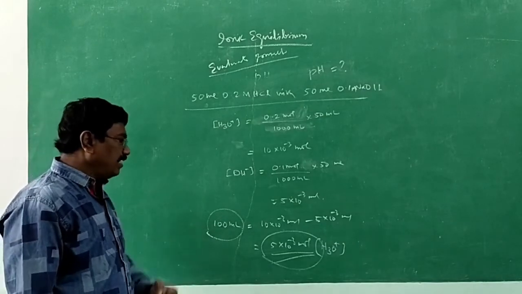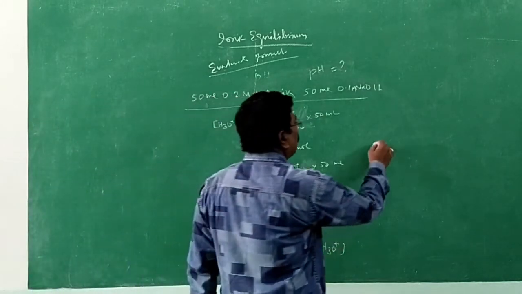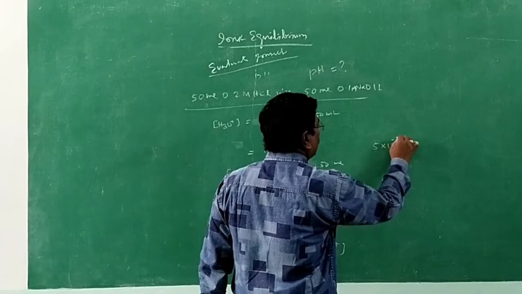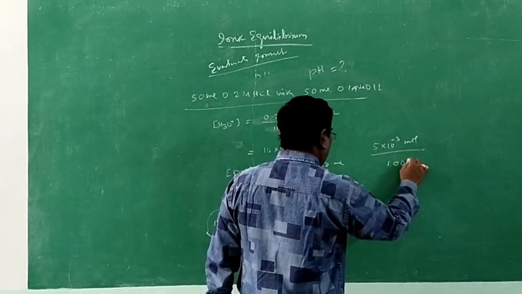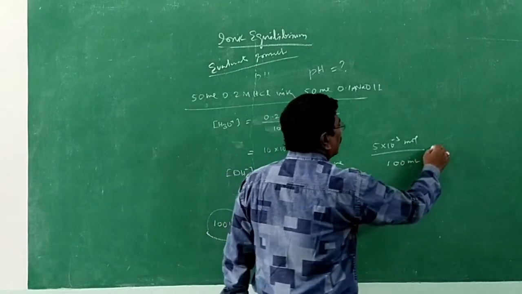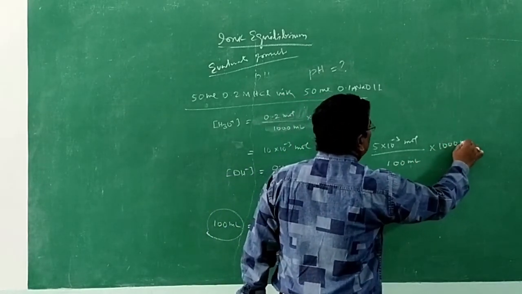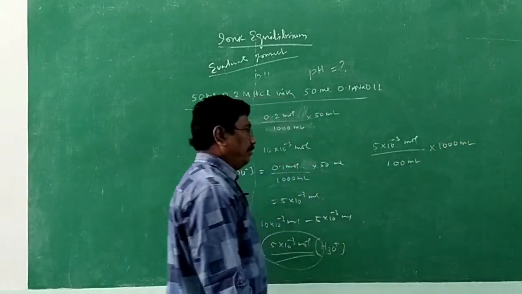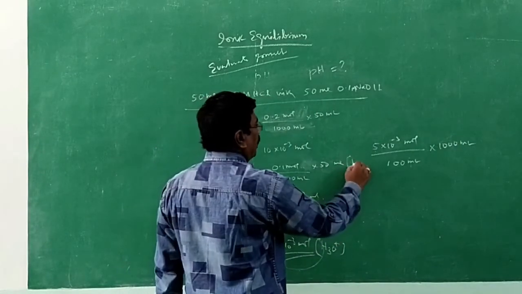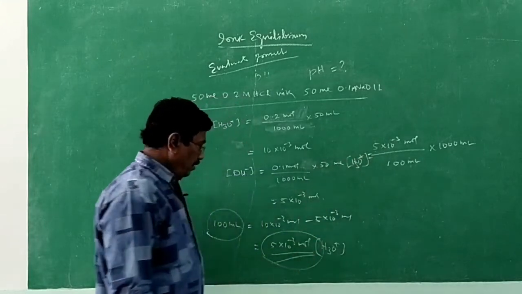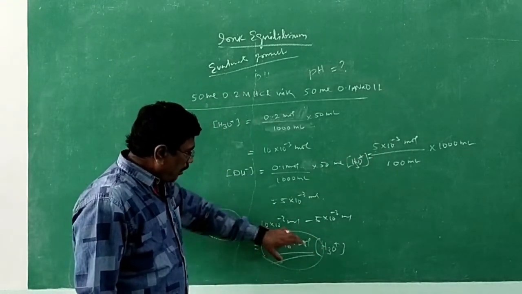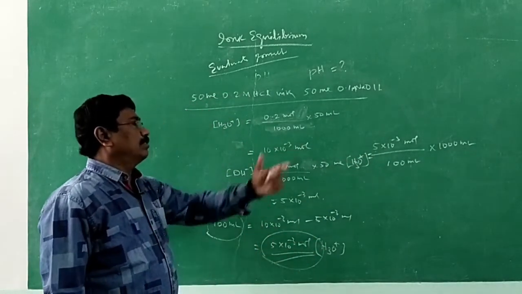Therefore, what is the concentration? 5 into 10 power minus 3 mole is present in 100 ml. Therefore, in 1000 ml, how many would have been present? Because that is the concentration. Concentration of hydronium ion is equal to number of moles of hydronium ion per 100 ml into 1000.